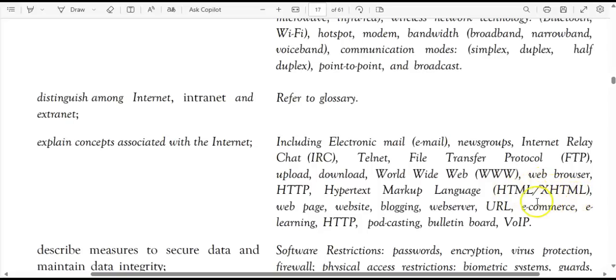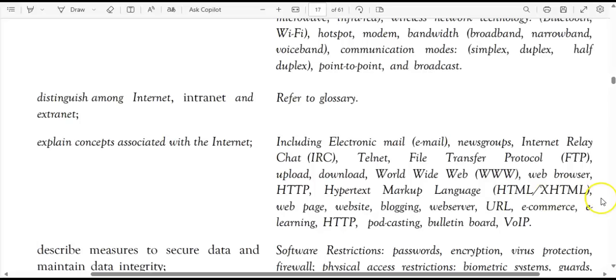XHTML, which is also a type of hypertext markup language, means extensible hypertext markup language, and it is a stricter, more standardized version of HTML that follows extensible markup language rules for better consistency and compatibility.